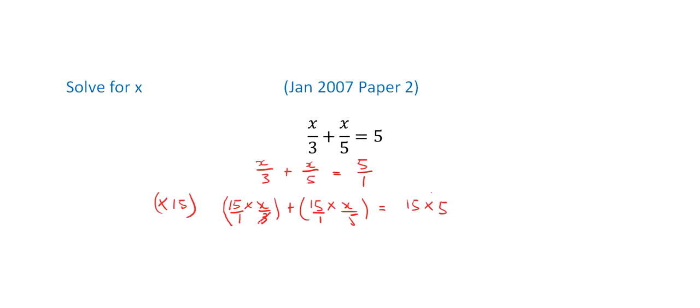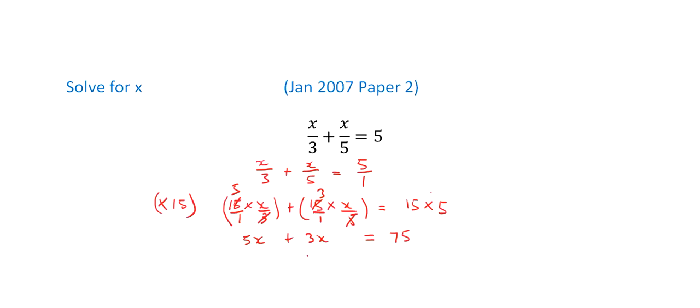Right, so this 3 can go into 15 5 times, so we end up with 5x, plus this 5 can go into 15 3 times, so we end up with 3x, and then we have 15 multiplied by 5, which is 75.